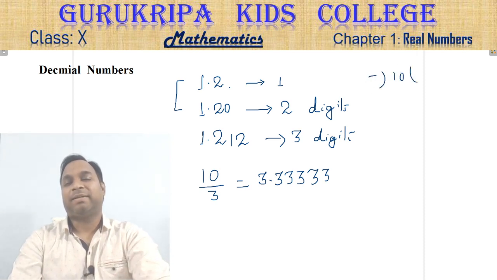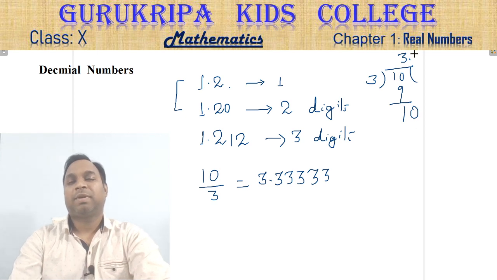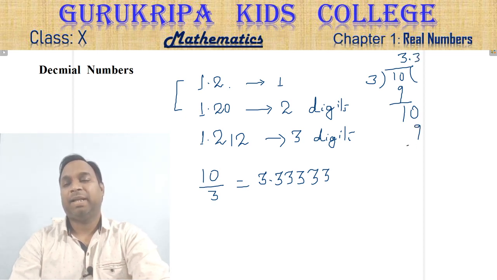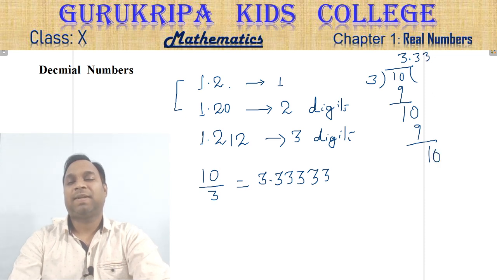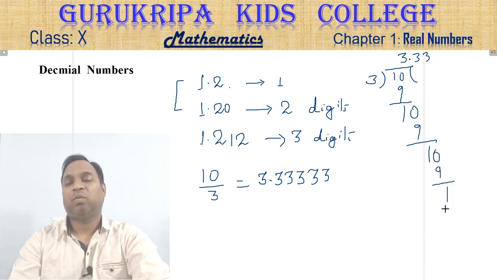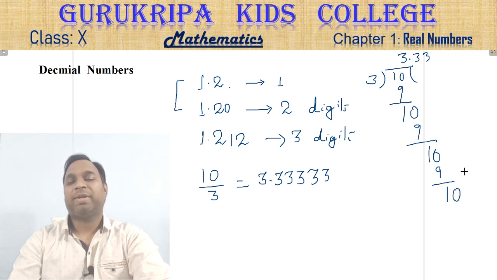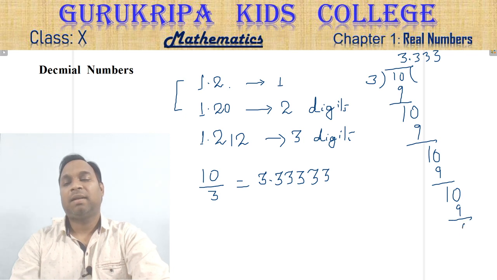Let's divide 10 by 3. 3, 9, 1. You get a decimal over here, 0, 3, 9, 1 remains. Again you can bring in the 0, 3, 9, 1 remains. Again you can bring a 0, 3, 9, 1 remains.